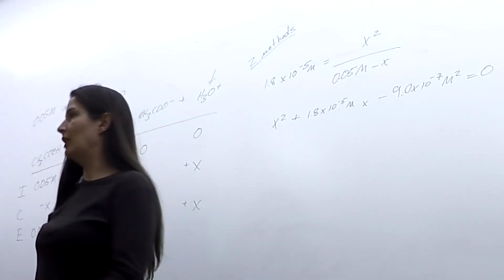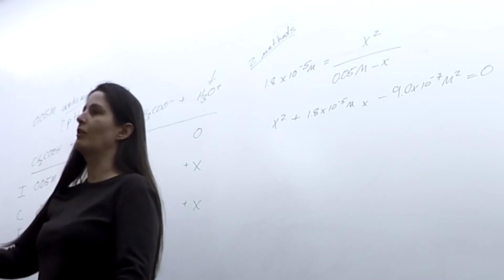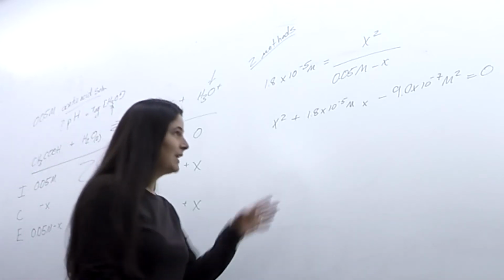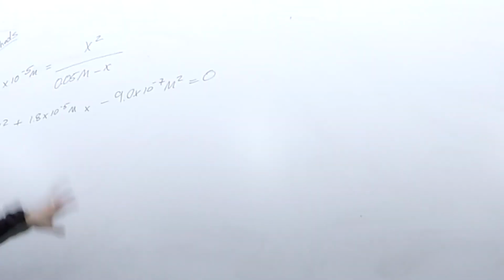You solve for it, you can use your solver. All right, that's the first method. You want to go through that when you're doing the equilibrium chapter here.